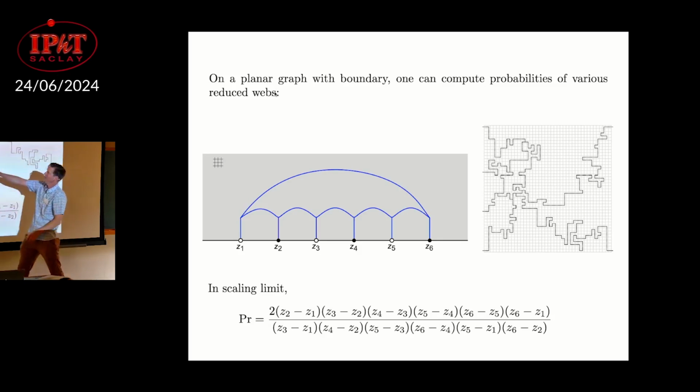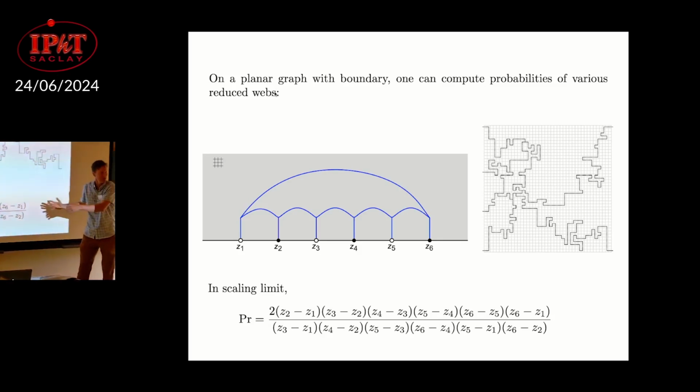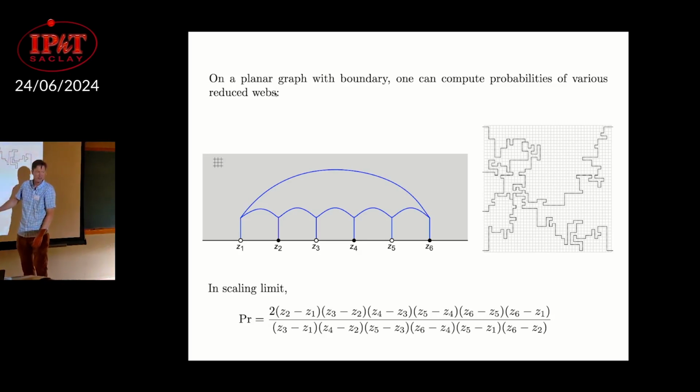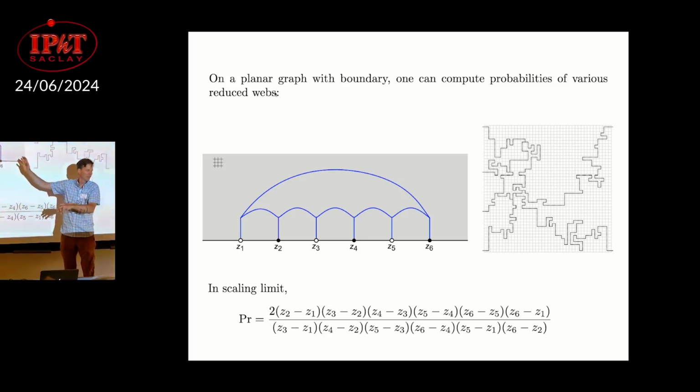If I took some more complicated topology here, there would be some big polynomial, big rational function. This one factors nicely, and there's a whole multi-parameter family of configurations which factor nicely for some reason. It's like some SL3 version of Gessel-Viennot.